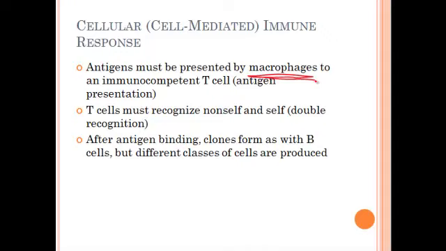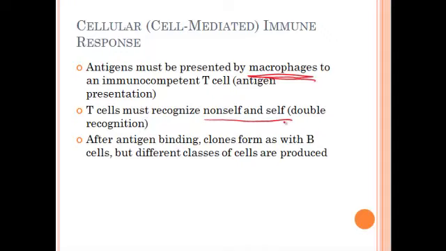For example, this macrophage may be traveling around the body. These are the white blood cells that'll eat things, phagocytize things. So they'll phagocytize a bacteria, and then they'll take the antigens on that bacteria and present them on the outside of their cell. Then the T cells come up and attach to the macrophages, but they must recognize non-self and self. This is like a double handshake, is how they sometimes explain this.